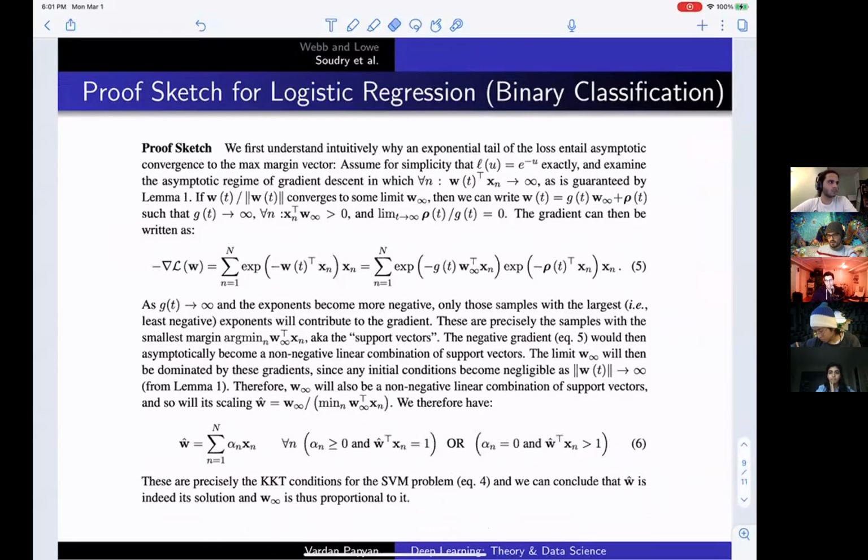So what I'm showing here is that if you look at the nitty-gritty of the proof by the max margin people, you can see how their proof is basically assuming that there is a set of support vectors. You can see it here, support vectors.